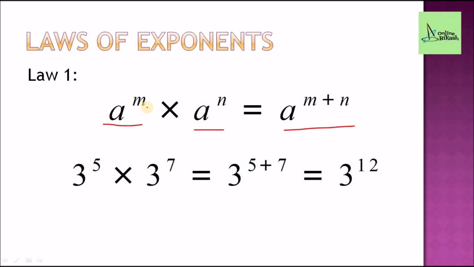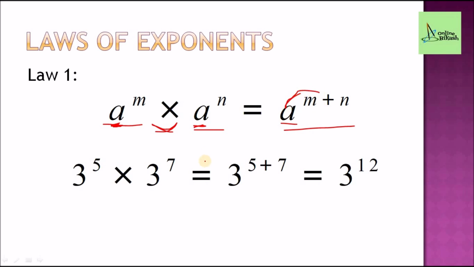Whenever you have the same base, here the base is a and here the base is a, they both have the same base and they are multiplied. Note that, they are multiplied. So in that case, to write the product, we can simply write the base here, and as the power we can write the sum of these powers, m plus n. This is what we have done.